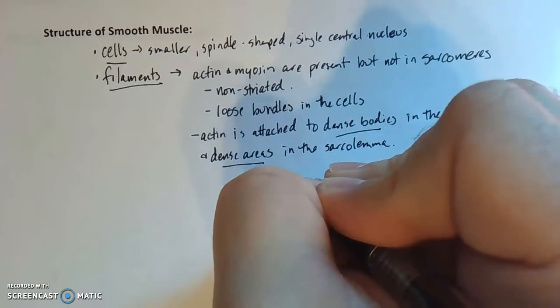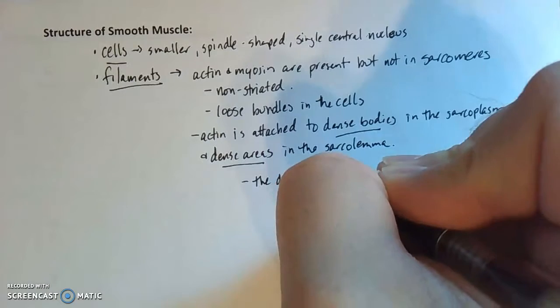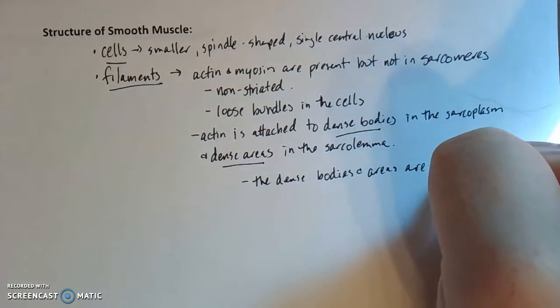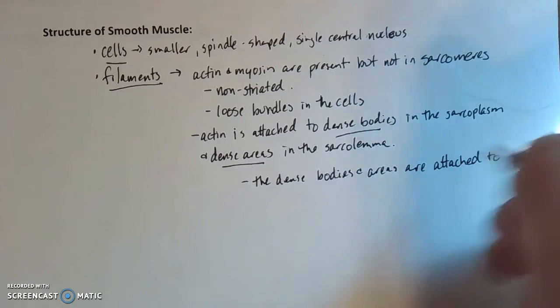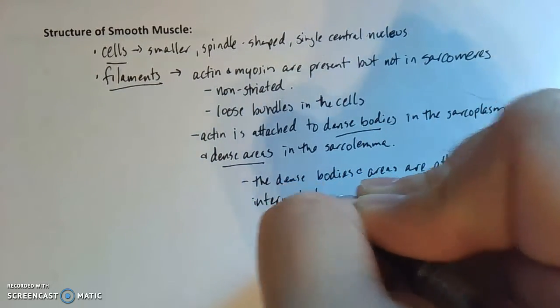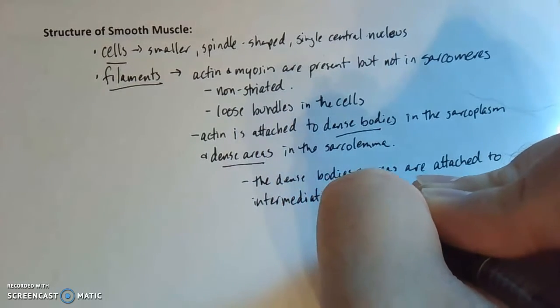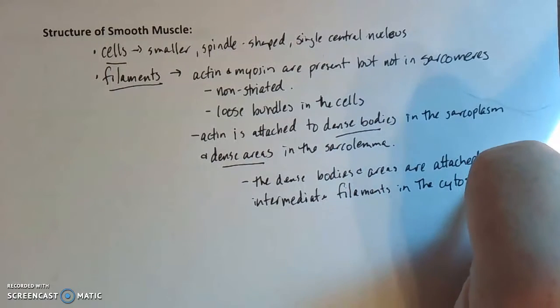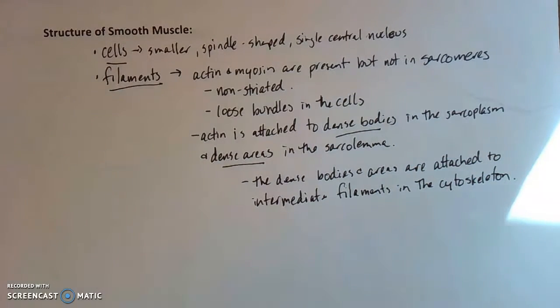The dense bodies and areas are then attached to something called intermediate fibers or filaments in the cytoskeleton. So it kind of makes like an interconnected network of actin and myosin attached to the cytoskeleton.